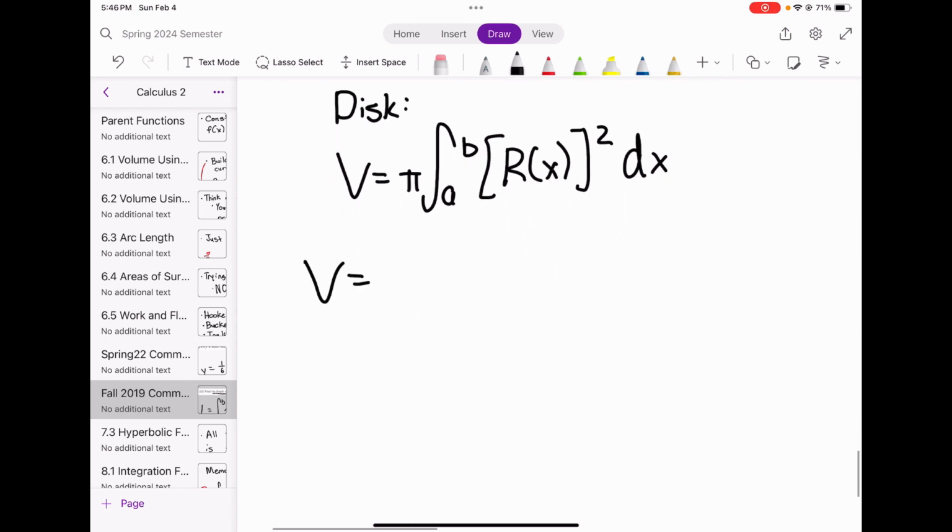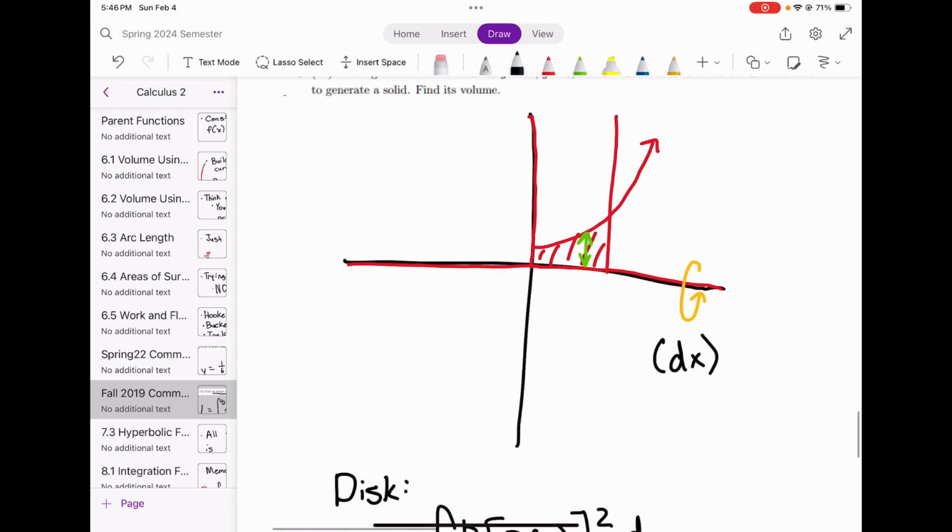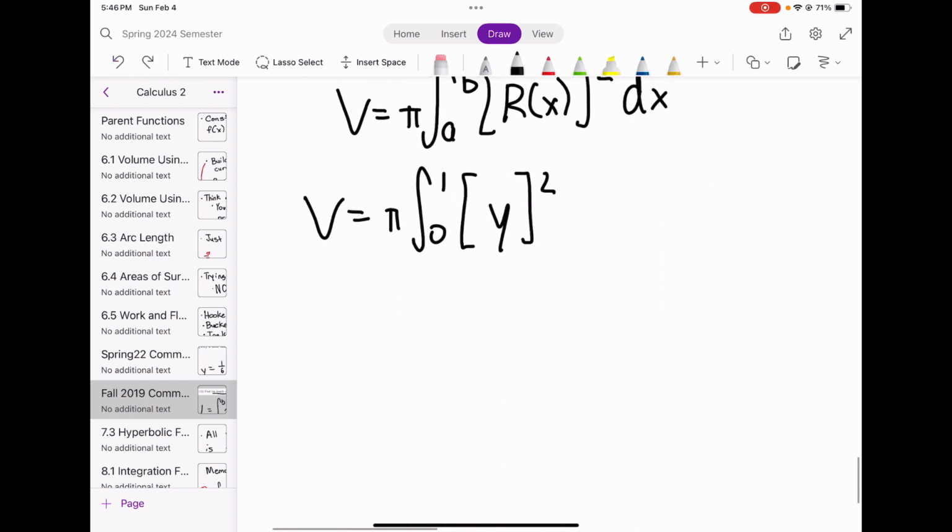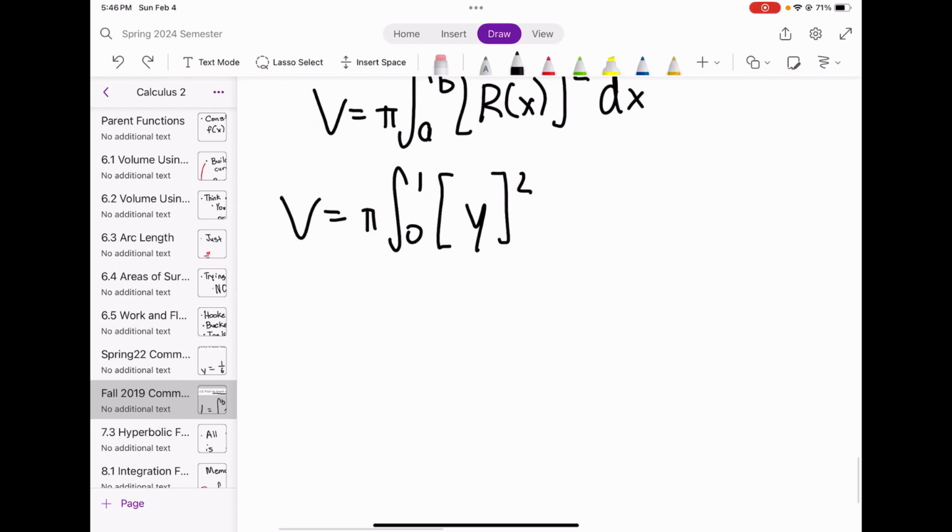So V is equal to pi, the integral from 0 to 1 of, and I'm just going to write y squared, because that's what it is, right? If this point is x, y, the distance from here to here is y. But obviously, you can't put y here because that is not allowed since we're using dx.